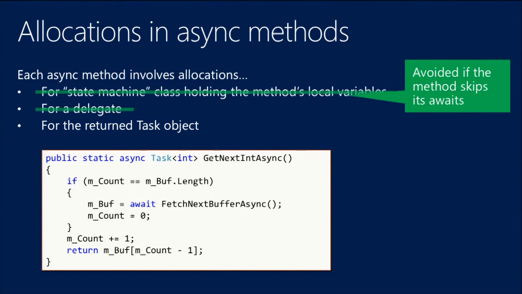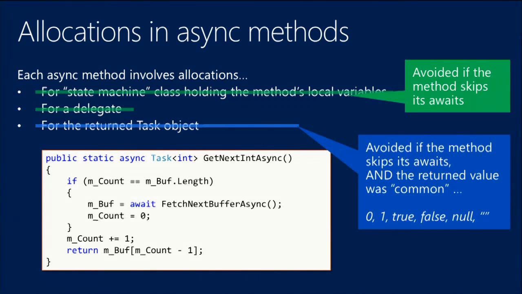Next, it has to allocate a delegate, because that delegate will be invoked when the task that you're awaiting finishes. And next, an async method returns a task, right? A task is a class object. It's not a structure. So it's going to allocate a task on the heap as well.